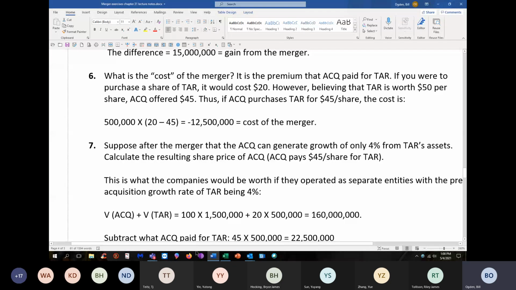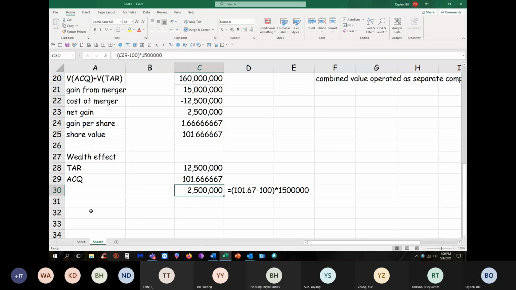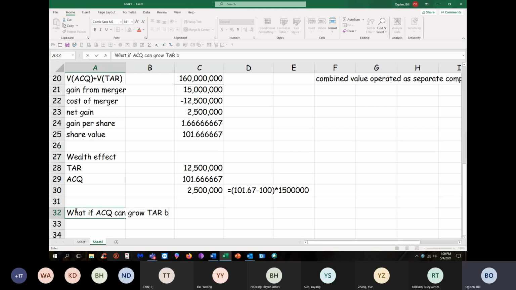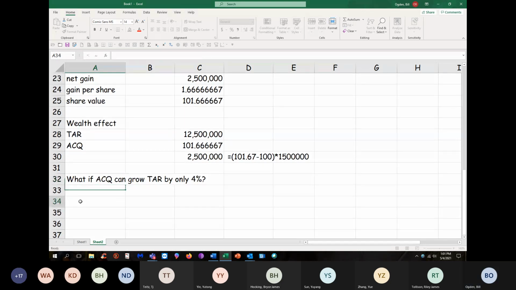Let's do a what if. All right, and here's our what if. Okay, let's do the wealth effects. All right. So let's start out.